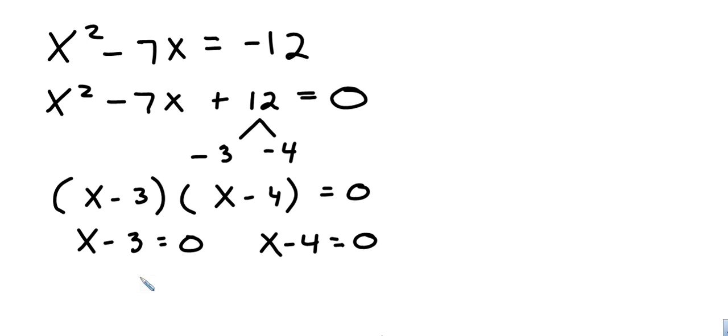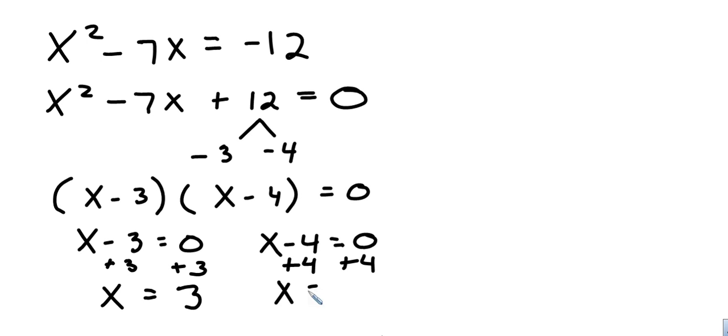So if I solve both of these equations for x, add 3 to both sides, x is equal to 3, add 4 to both sides, x is equal to 4, I have the two x-intercepts of my function, (3, 0) and (4, 0). Just a note on terminology here.